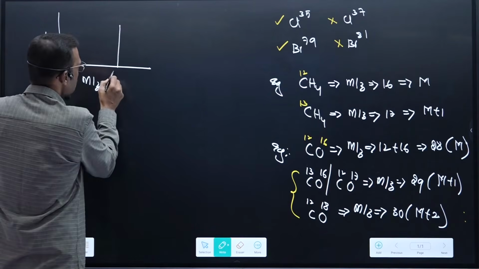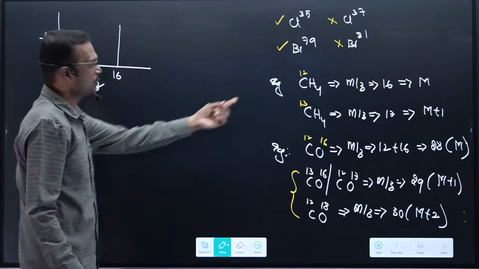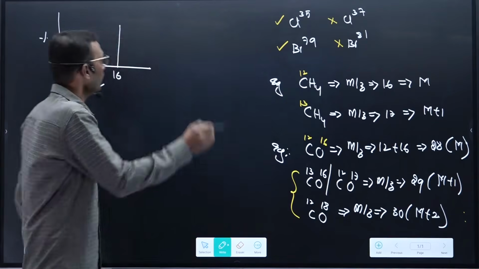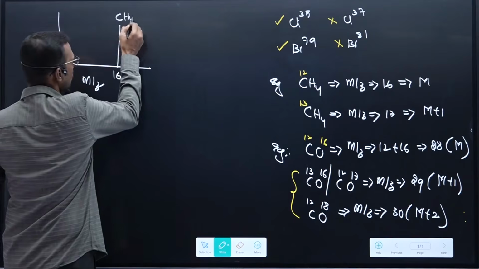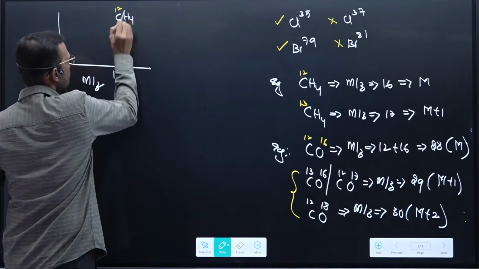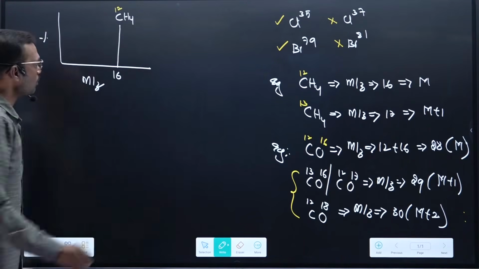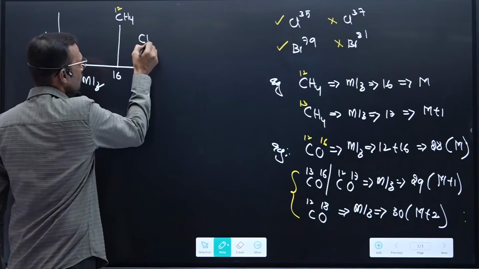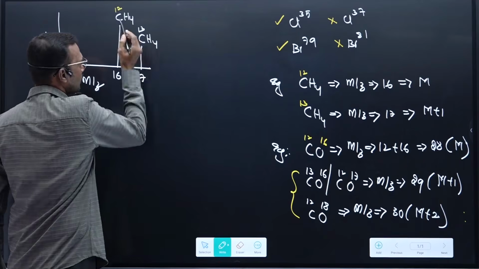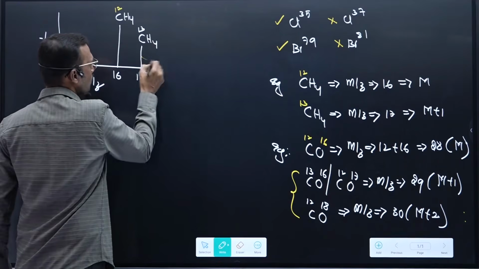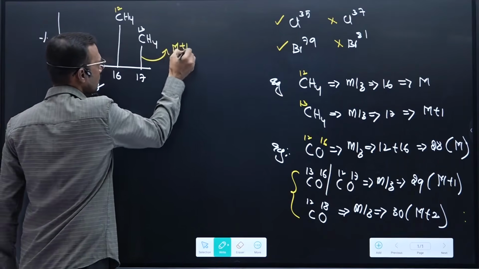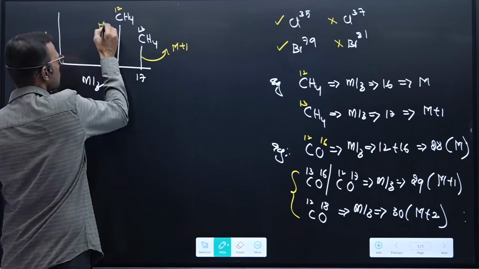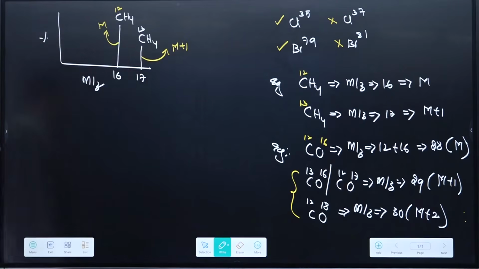First I wrote 16, for CH4, and this is 12. Then what about one more? This M/Z value is 17. And what about this? CH4 with 13 they gave. Now this peak belongs to M plus 1. And this one belongs to M, nothing but the molecular ion.